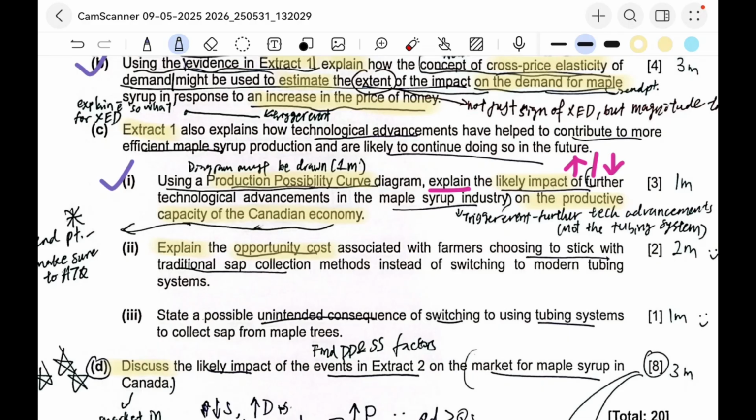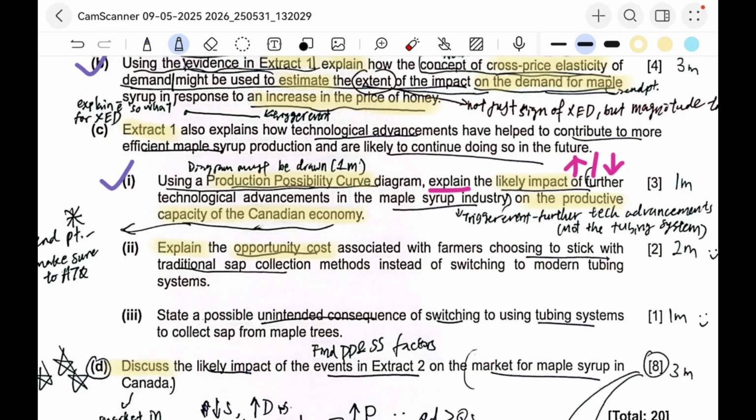So to put it in simpler terms, the question is asking you, when farmers choose to be traditional, what is the thing that they give up compared to when they use the technology? So as we see, we look at extract one, and it talks about the benefits of using the technology.